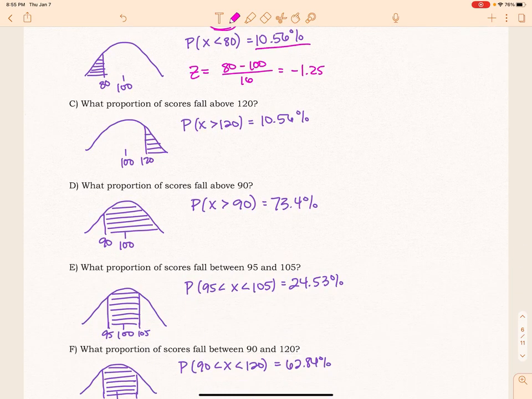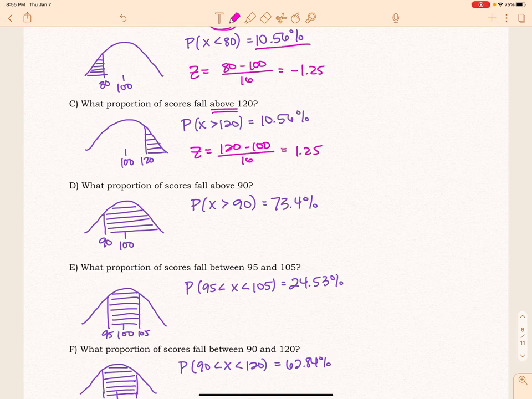We need to look at C because it's different. It's above. This will change things. So I'm going to find my z-score. Notice that it is the same z-score as you got on part B. It's just positive because 120 is the same distance away from 80.